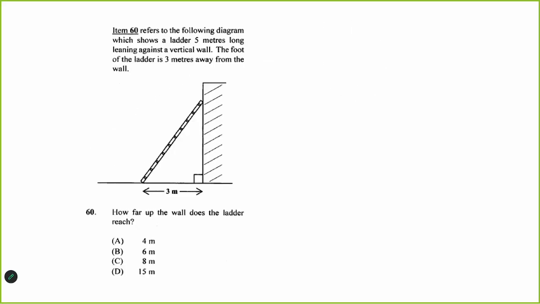This one here, how far up the wall? So you want to know the side here. Item 60 refers to the following diagram, which shows a ladder 5 meters long. So this is 5. You want to know this, so 5 squared is equal to 3 squared plus h squared.